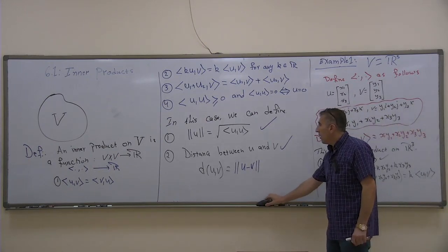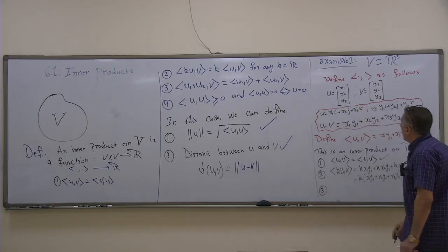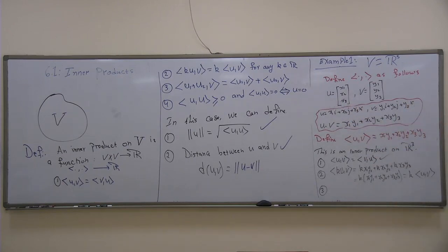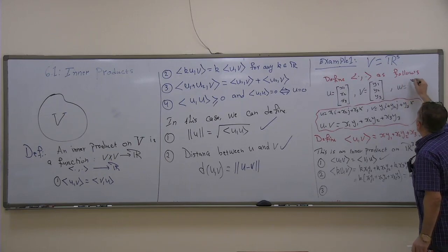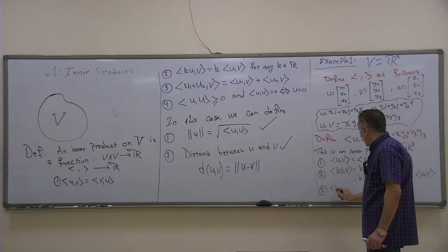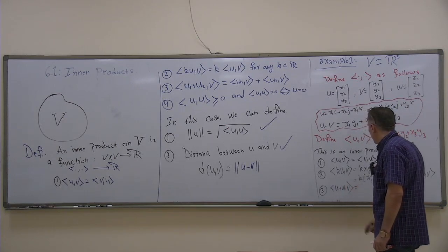Okay, what about the third one? You have U, you have V, so we need a third vector here. Let's take W to be Z1, Z2, Z3. So U plus W, V. What is that?